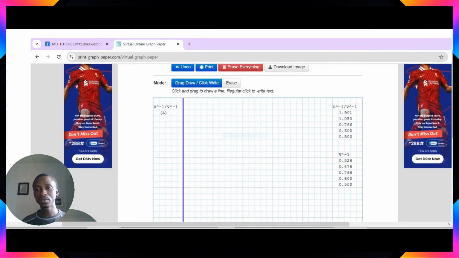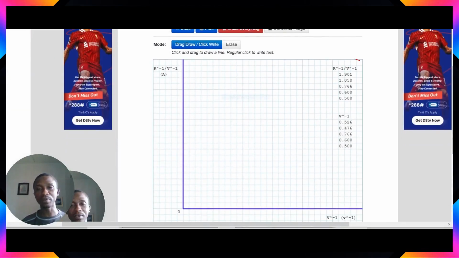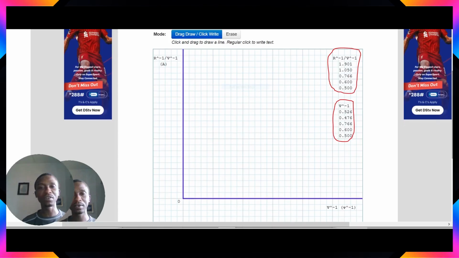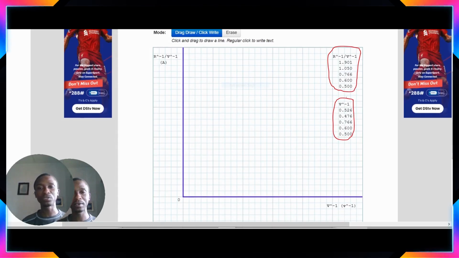I've already placed my value of R inverse over V inverse on my graph sheet, as well as the corresponding value of V inverse. You're expected to do this horizontally, but because this is a virtual graph, I put it vertical.